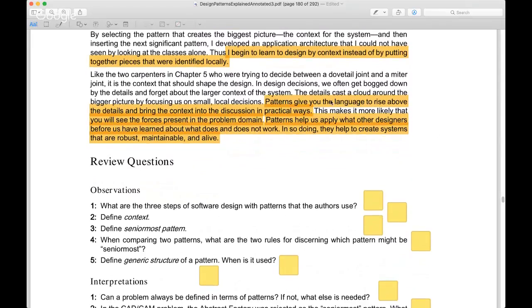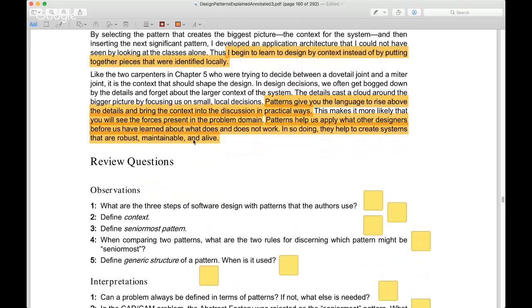So patterns give you the language to deal with complex context. At the top level, things are complex, and understanding patterns will give you an idea of... you can't apply all the patterns to the same level of context, but it'll help you identify the best pattern to get you started to split the problem up.